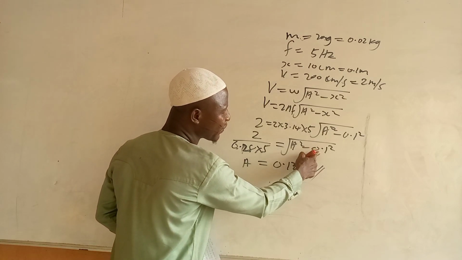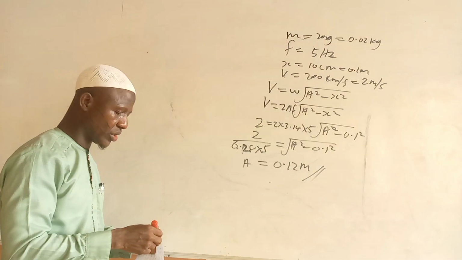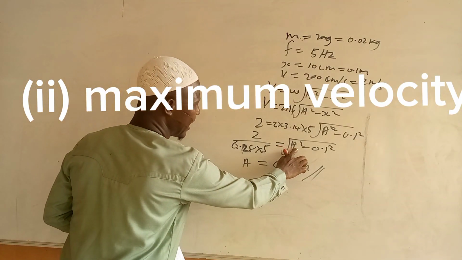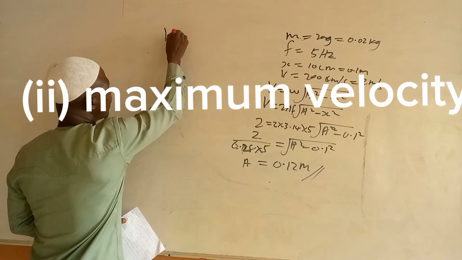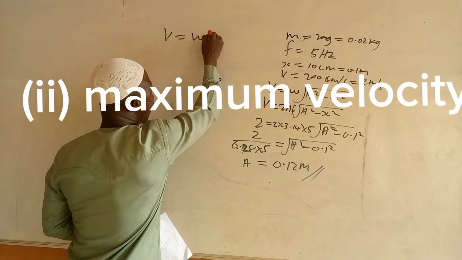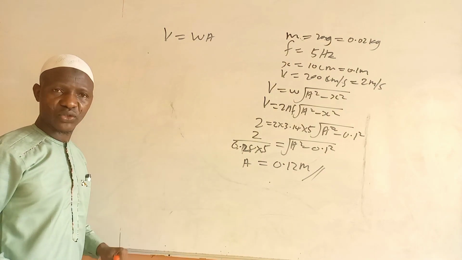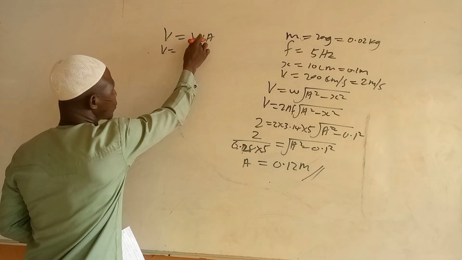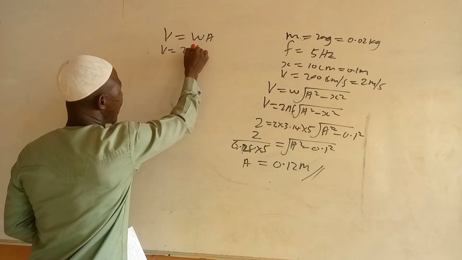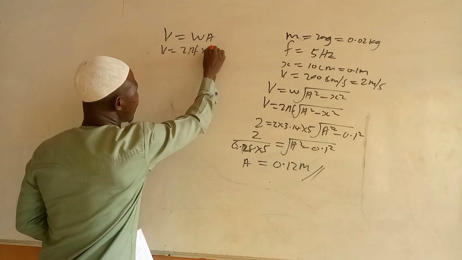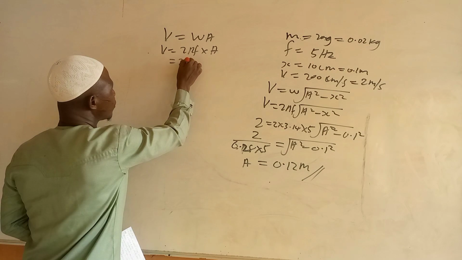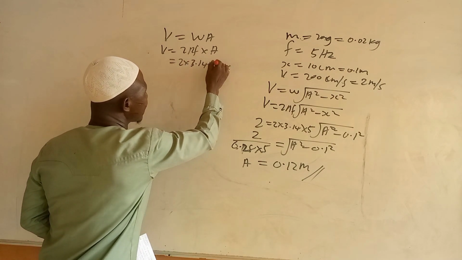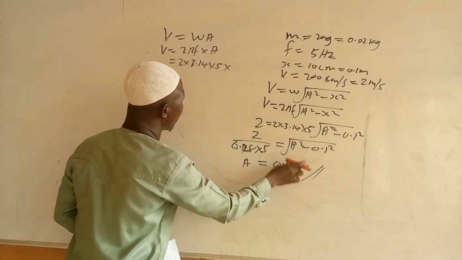This one is displacement from what? Equilibrium position. Then the next question is maximum velocity. You apply the amplitude. Therefore, v is equal to omega A. We have this formula too. Then you change it as well. v is equal to omega, that is 2 pi f multiplied by A, which is equal to 2 times 3.14 times 5 times A, which we have gotten from here.